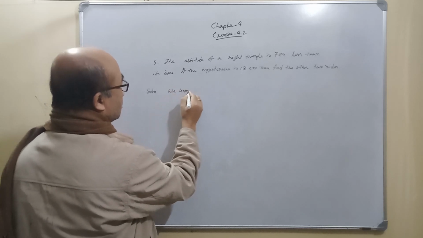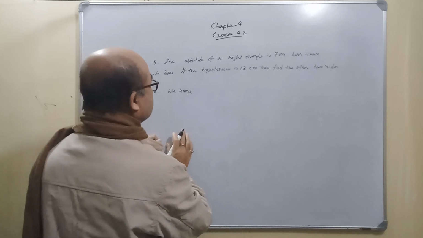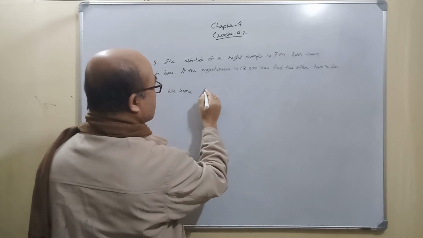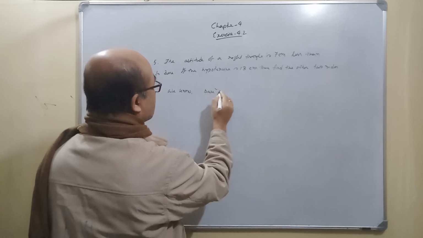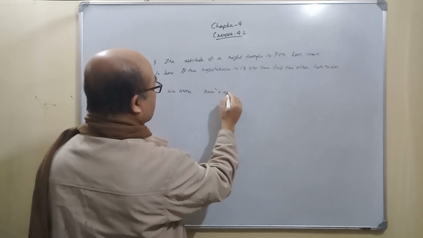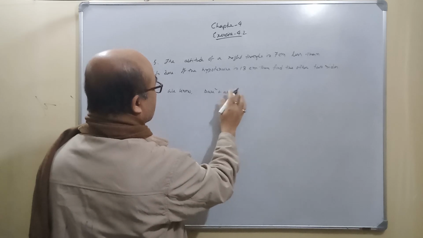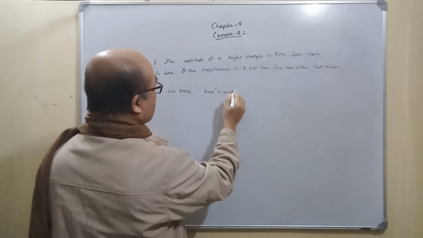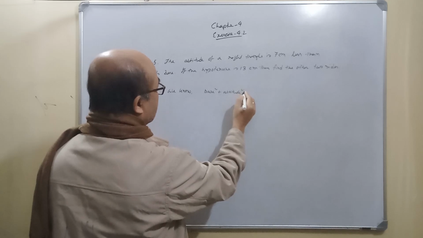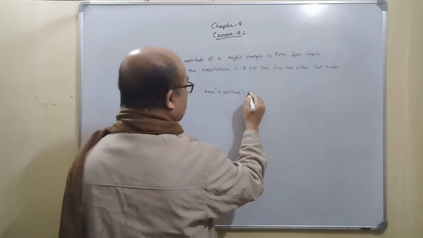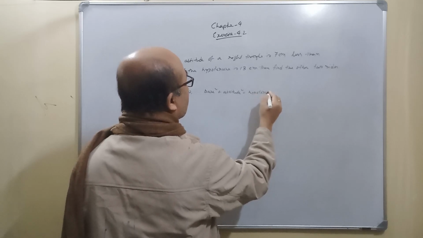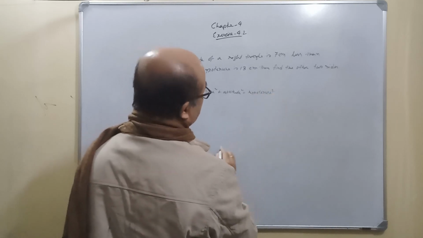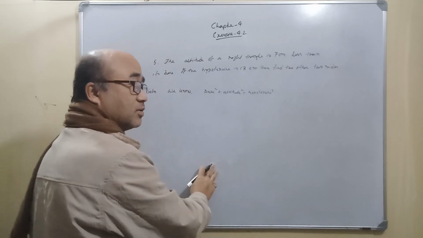What we know is that base square plus altitude square is equal to hypotenuse square. This is Pythagoras theorem.